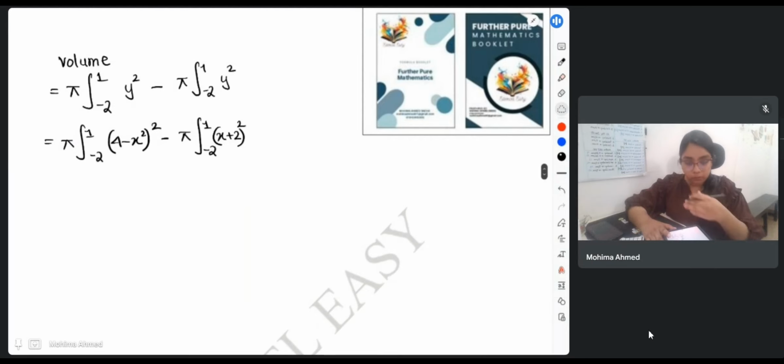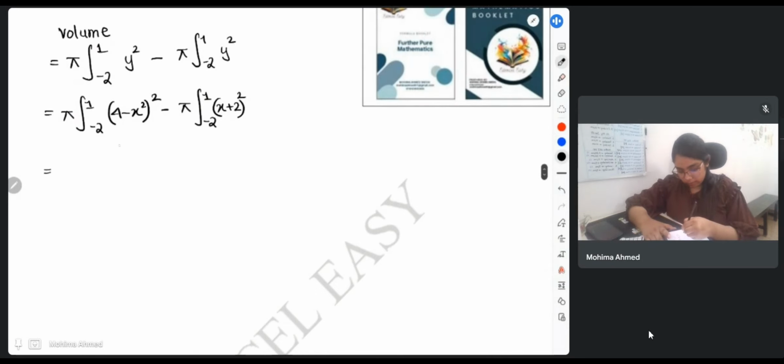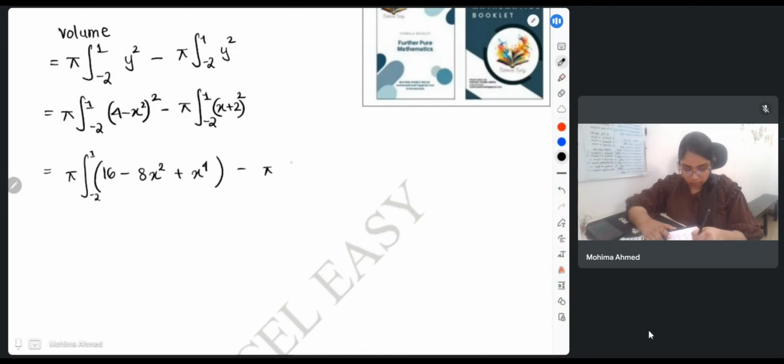Okay, now from this point onwards, we first need to break down the square before we start with the integration. So now you have 16 minus 8x square plus x to the power of 4, integration with boundaries 1 and minus 2, multiplied with pi, minus pi, boundaries 1 and minus 2, and over here you're going to get x square plus 4x plus 4.